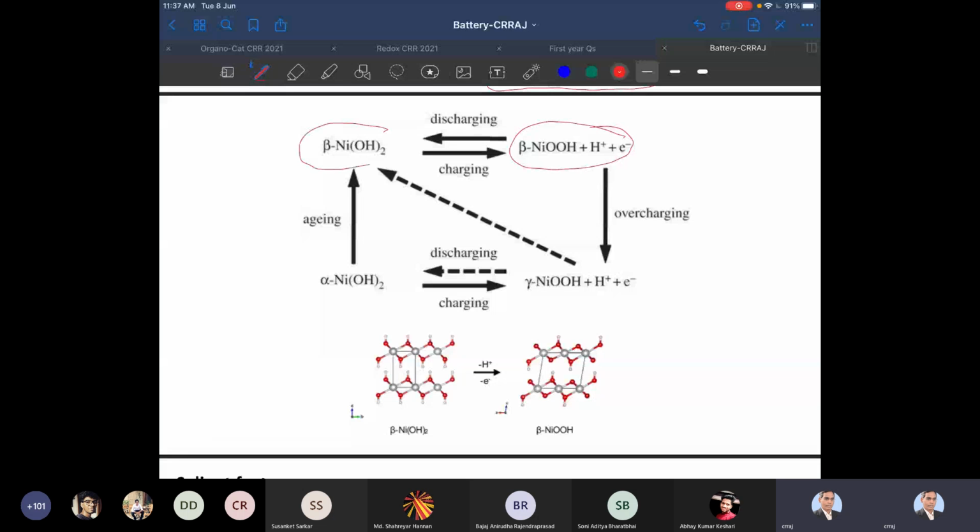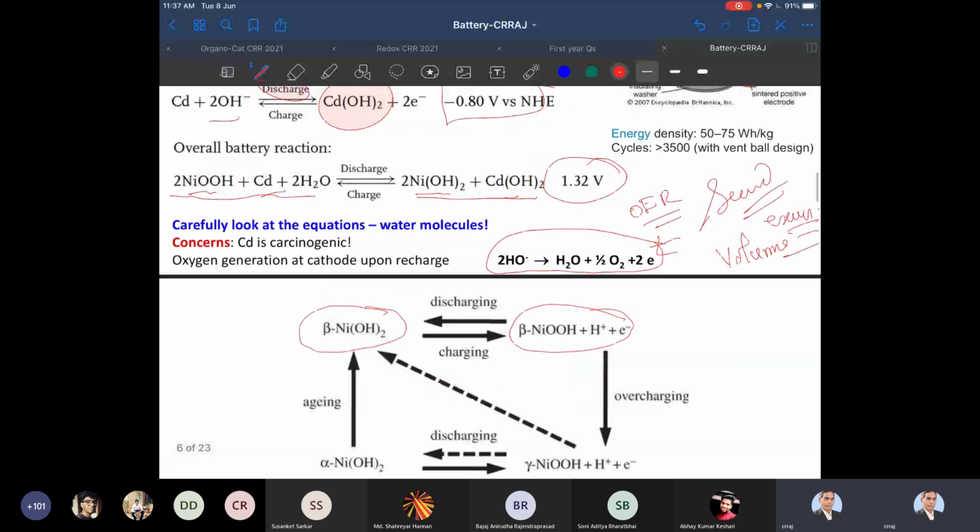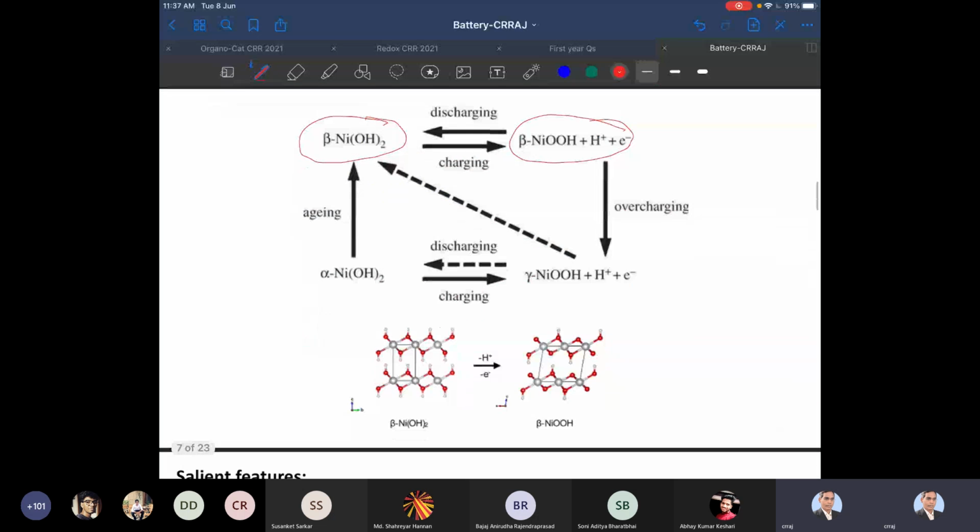On discharging, you get a beta nickel hydroxide. Here I simply mention nickel hydroxide, but actually it is beta nickel hydroxide. Now, when you overcharge, look at the equation very carefully. You are generating another phase, gamma. These are different crystal phases. We don't have time to teach the material chemistry.